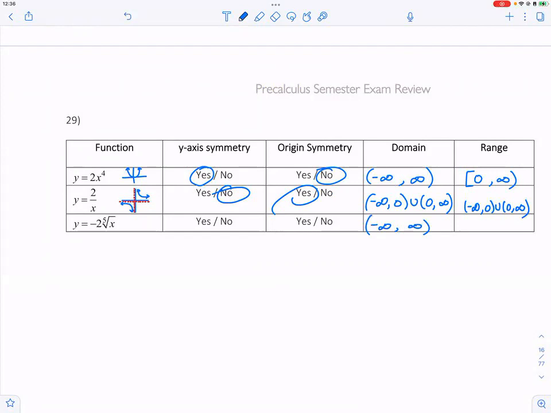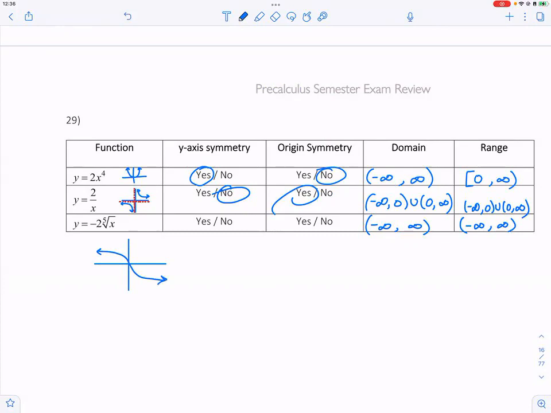And since any number works, if you know how to sketch it, you will find that the range would also be all real numbers, from negative infinity to infinity. Now, what is the graph going to be like? It looks something like this. That's the general shape.